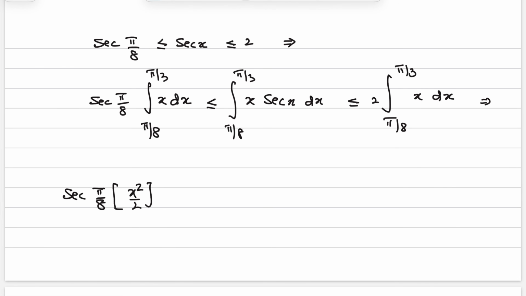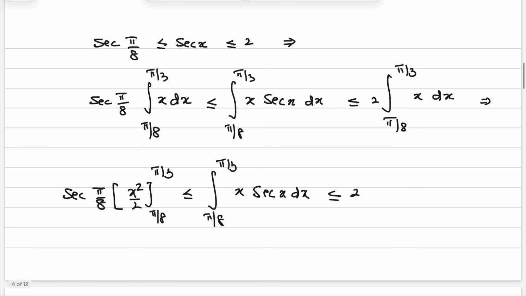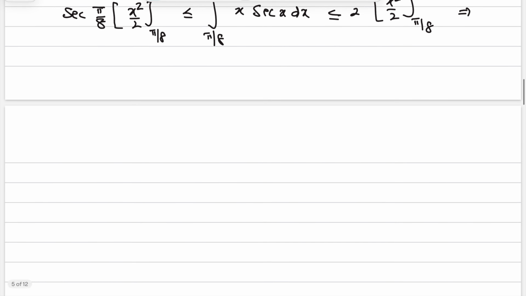X square by 2 pi by 8 to pi by 3 less than or equal to integral pi by 8 to pi by 3 x secant x dx is less than or equal to 2 into integral x dx, that is 2 into x square by 2 pi by 8 to pi by 3. This is a direct integral. Apply the values, we will directly get it.